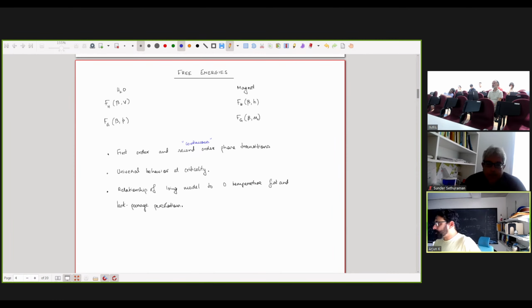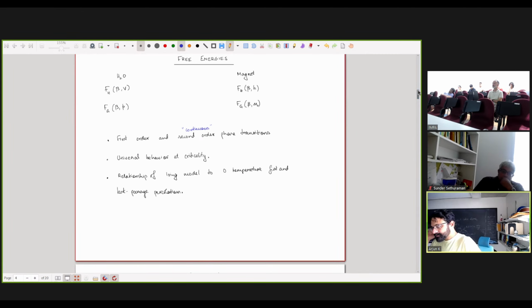And there are all sorts of interesting questions about these phase transitions, especially at criticality. You have universal behavior, which is mostly conjectural in all the models that we consider. I should also mention that the Ising model with random coupling constants has a direct connection to zero temperature first and last passage percolation.